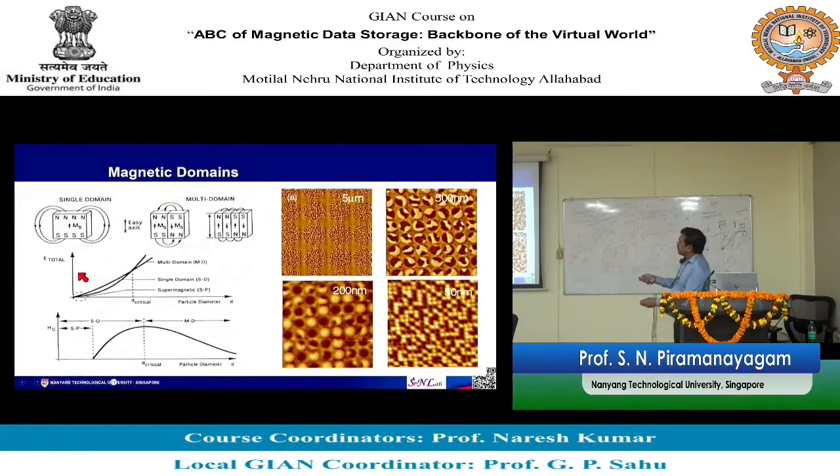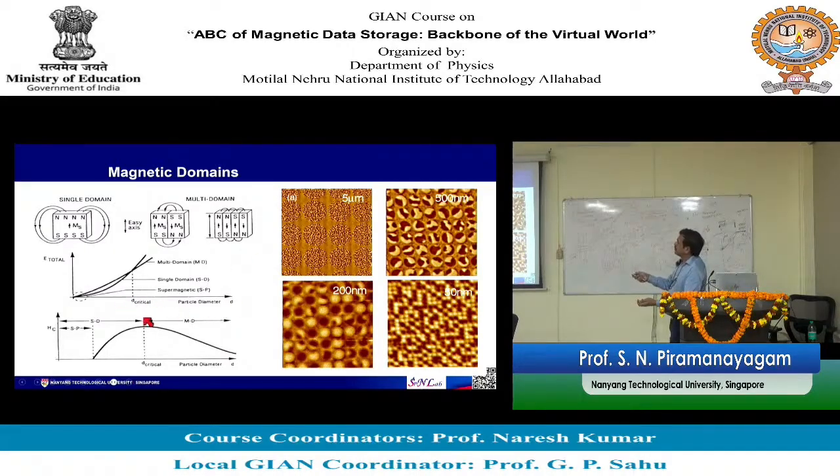So this explains what we learned before. Above a certain critical dimension, here slightly above 15 nanometer, you see multi domains. It may be two domains or three domains or many more domains as you go towards larger diameter.